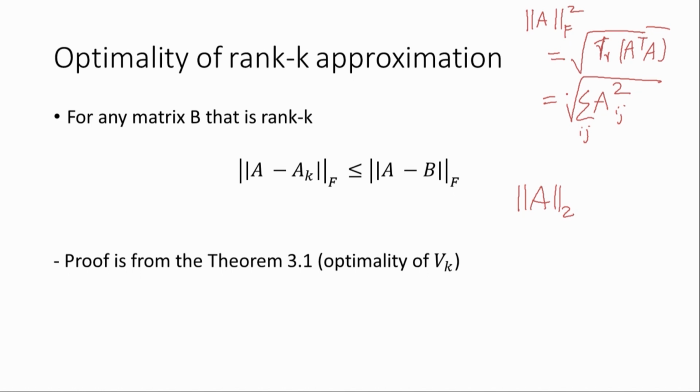Think of the matrix as a long vector and take the L2 norm of that. It's the root of the sum of squares of all the entries. So that's the Frobenius norm. What is the 2 norm of a matrix?